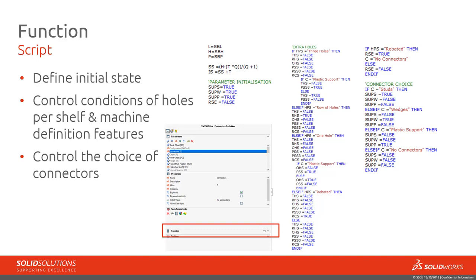Now on the screen as well, what I've done is I've included the code which is controlling the equal space shelves in the background. So you'll see the three aspects flicking up on your screen now. As I say, what we've done initially is defined the parameters, and that's controlling the suppression state of the plastic support, the wedges, as well as the studs and the rebated shelf extends.